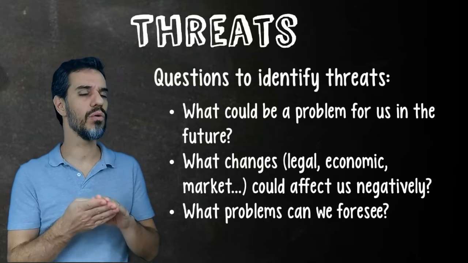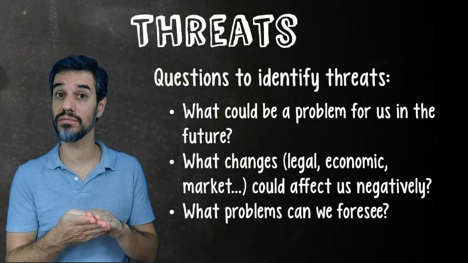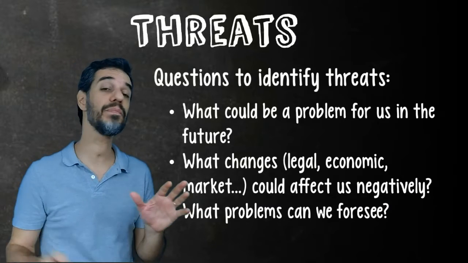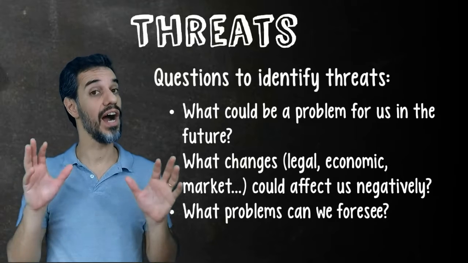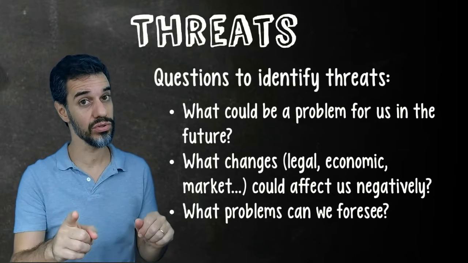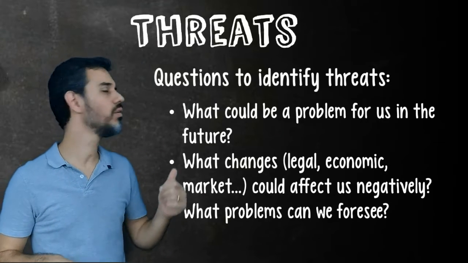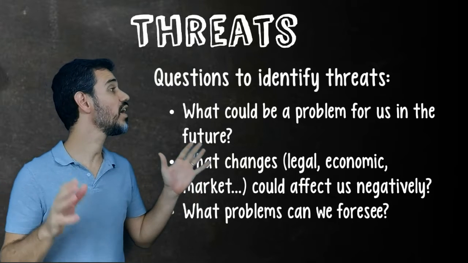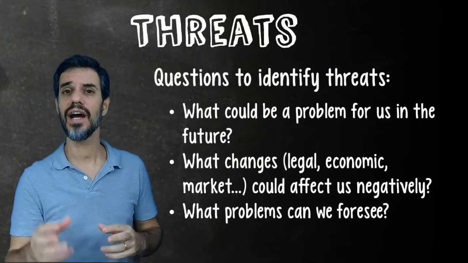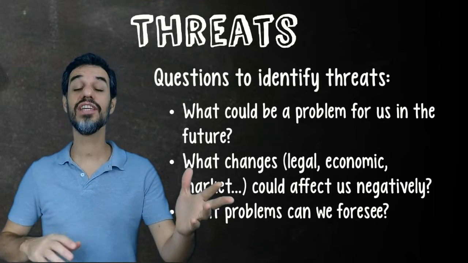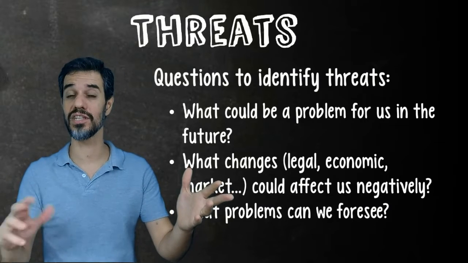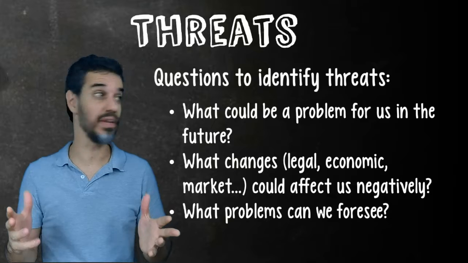Some legal question that's changing? Be aware of what's happening around you that could harm your goals. What changes, legal, economic, markets, could affect us negatively? Are there elections coming? Is there a change in the government or change in the market coming?